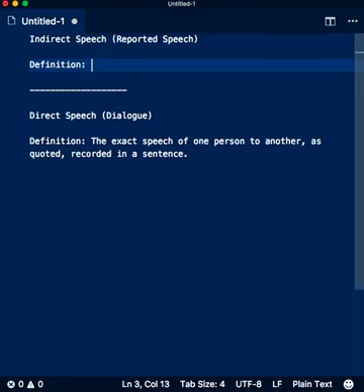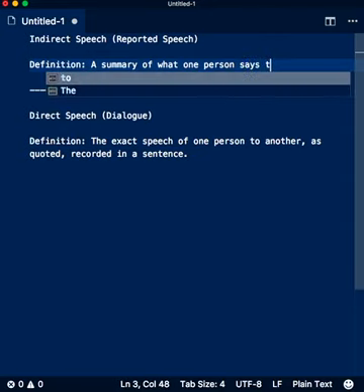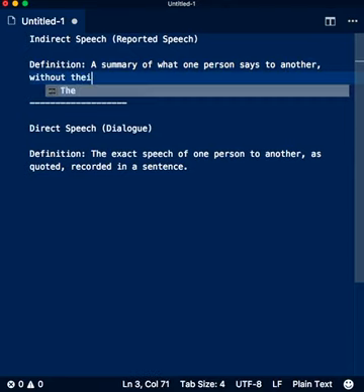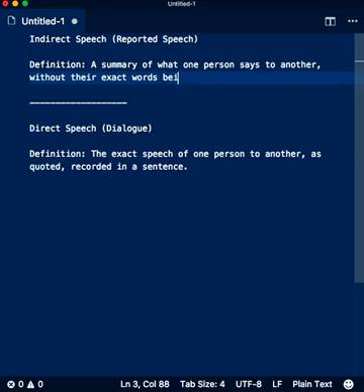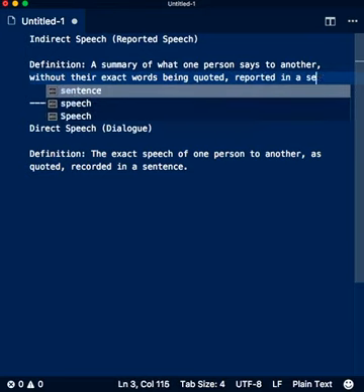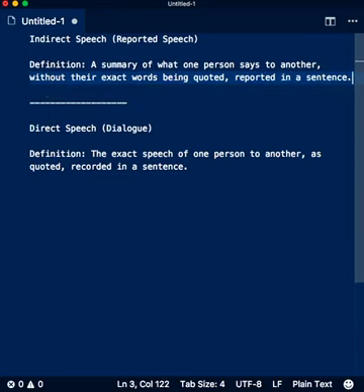So we can say indirect speech is a summary of what one person says to another without their exact words being quoted, reported in a sentence. Okay, so there we have two definitions for indirect speech and direct speech.